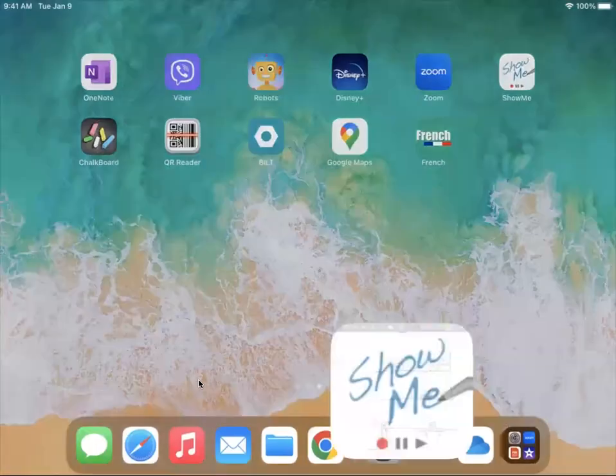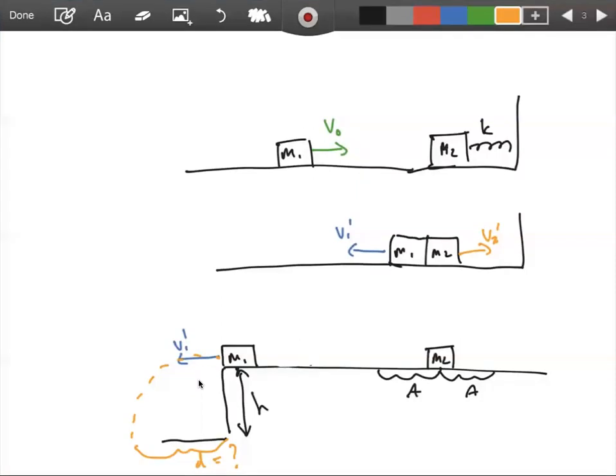So things to remember here. First thing we know is that M2 has to be greater than M1. And the reason we know that is because M1 goes back in the opposite direction. If you remember back from 175, when two objects collide, if M1 was greater in mass than M2, it would just bowl its way through M2, causing M1 and M2 to go in the same direction, with M2 going faster than M1.